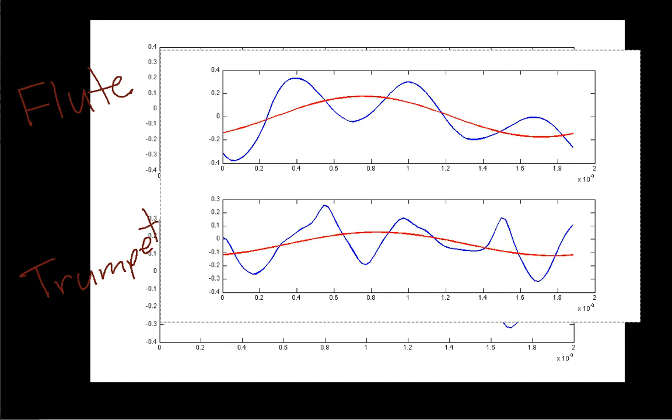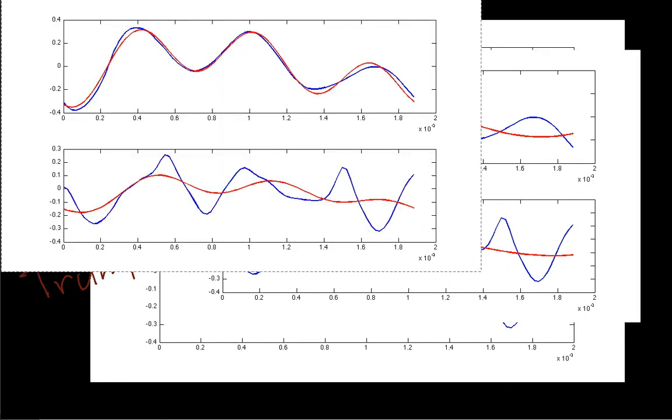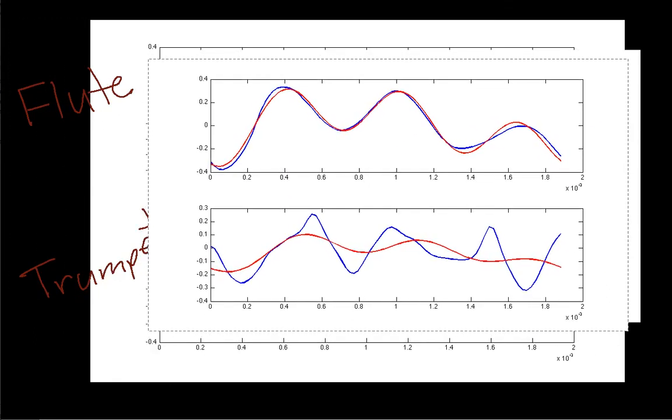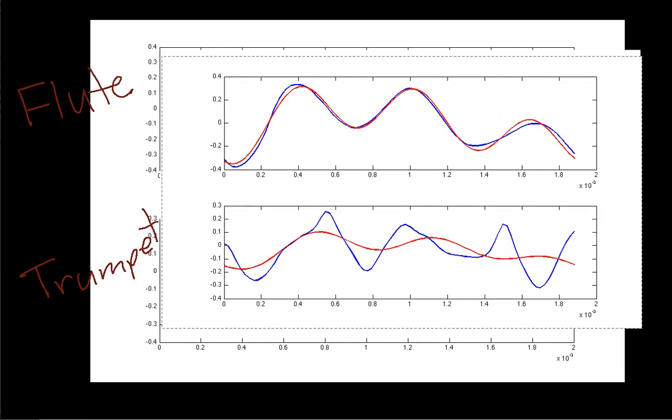Okay, if I add the fundamental frequency, the second harmonic, and the third harmonic together, I get something that looks like this. You can see that for the flute, I've almost got an exact match.